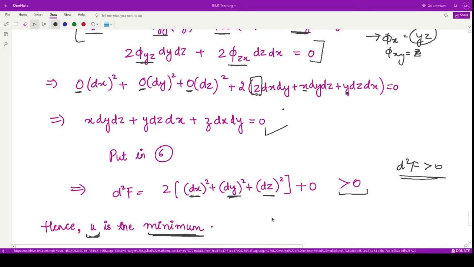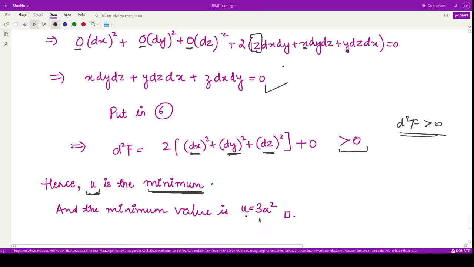So that means you have a minimum value of u, and that is equal to 3a square. So this is the minimum value, but you do not know at which points this minimum is attained for the given surface. So this is the limitation of the method, but however, this is a very easy method where you can compute all these values of the given function.